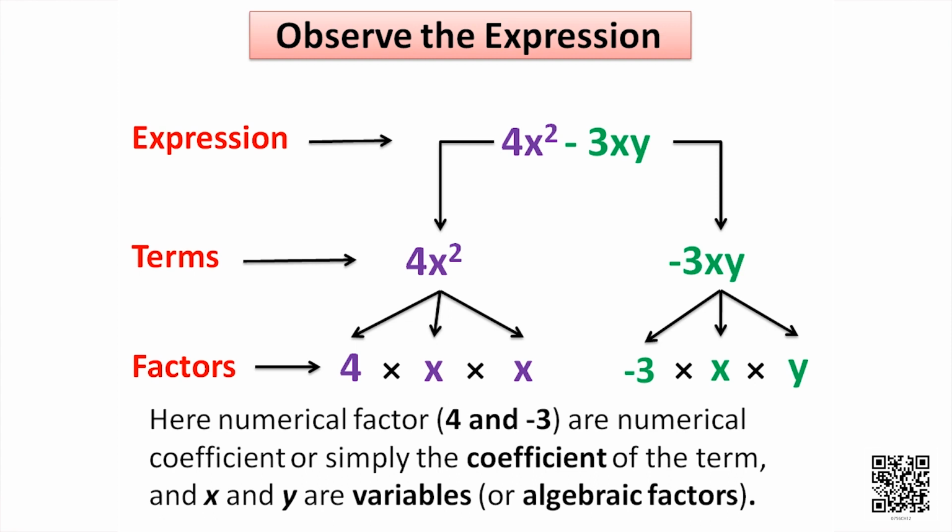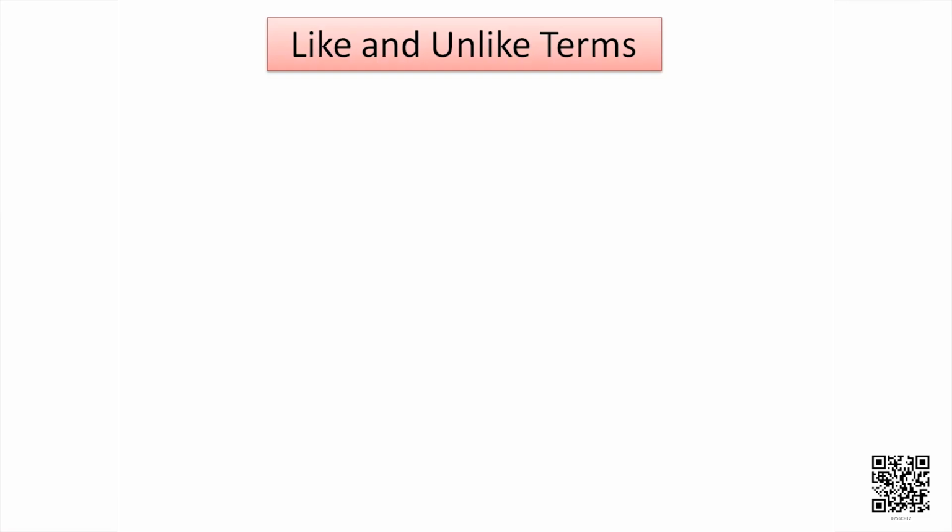So now we have some like and unlike terms. Like means you must be knowing, of the same type. Look at this: 12x, another minus 25x, then minus 2y, then 13y. Look at 12x and minus 25x. They have the same variable x, and in the second part, minus 2y and 13y, we have variable y.